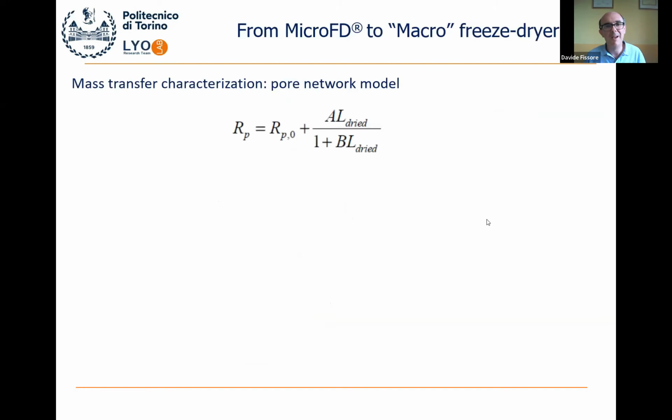RP, you probably have seen this equation. There are two parameters, A, B, and a third parameter, RP0. In which way can I use MicroFD to get these parameters?